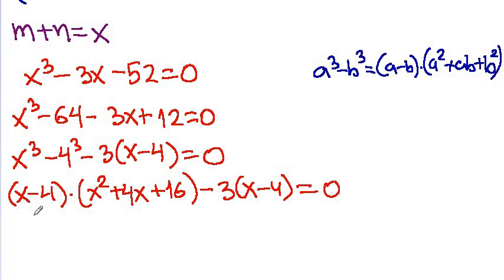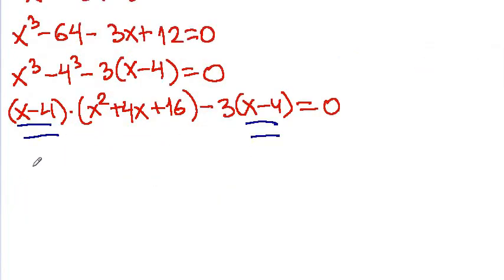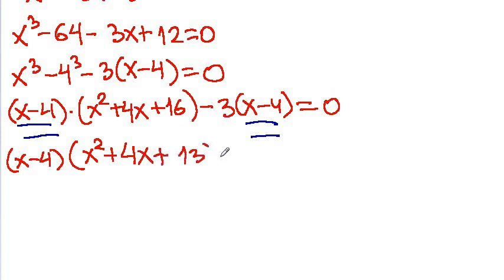And we have here common factors, x minus 4 and x minus 4. Therefore, we'll get x minus 4, if you factor out, times x squared plus 4x plus 16 minus 3, which is 13, is equal to 0.